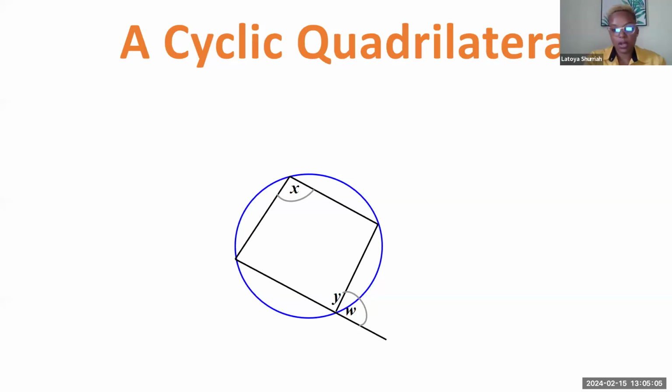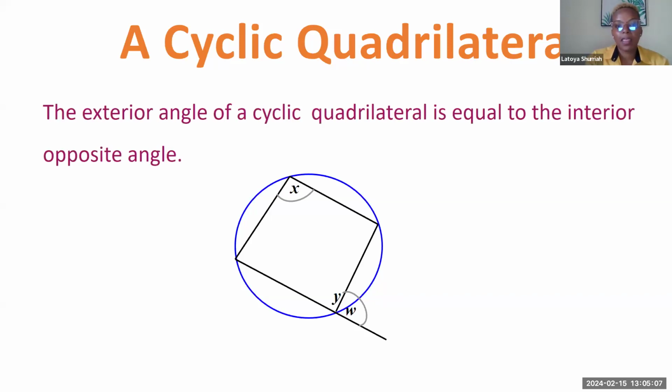Now, listen up. Separate and apart from the fact that the opposite angles are supplementary, there is also the fact that the exterior angle is equal to the interior opposite angle.